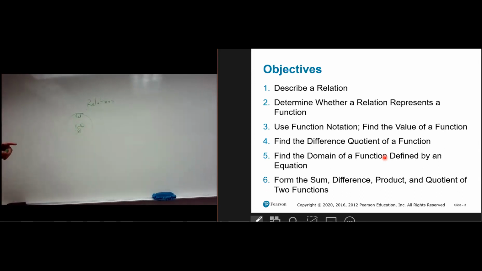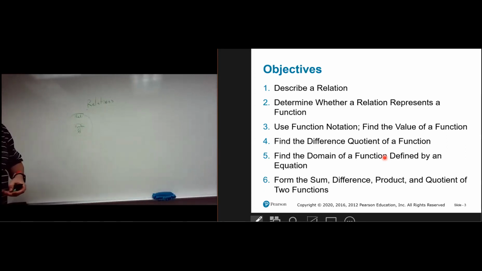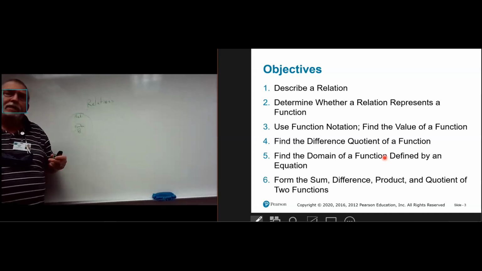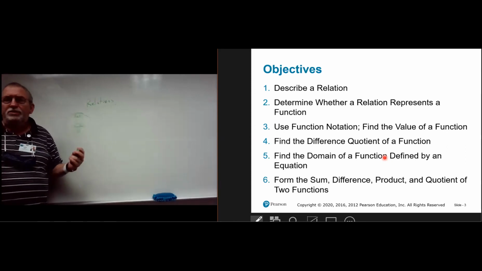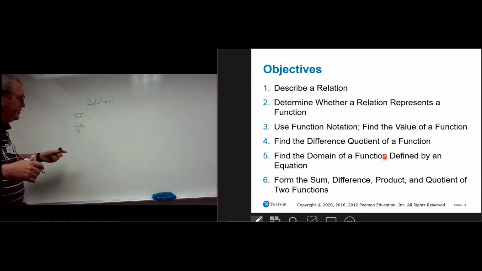So most of mathematics deals with functions. Now in pre-calculus, we talk about conics, and in conics, we talk about the circle, and we talk about hyperbolas, and we talk about ellipses, which aren't functions. They're a relation.